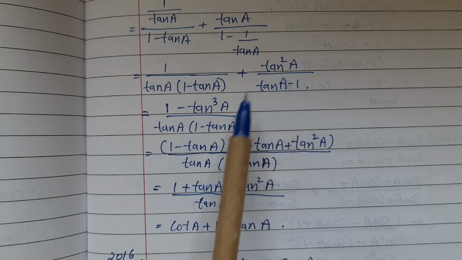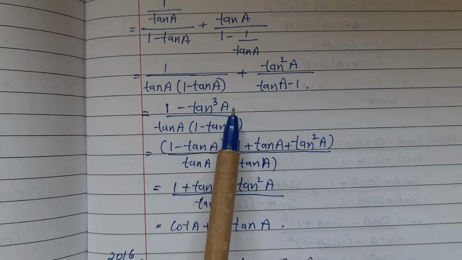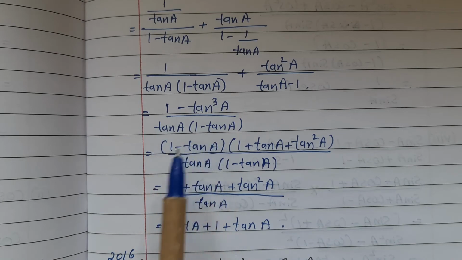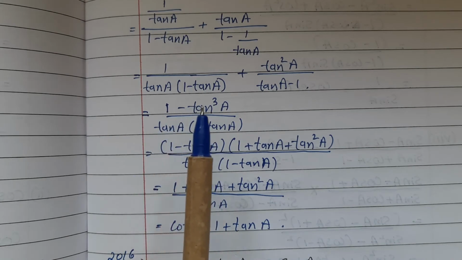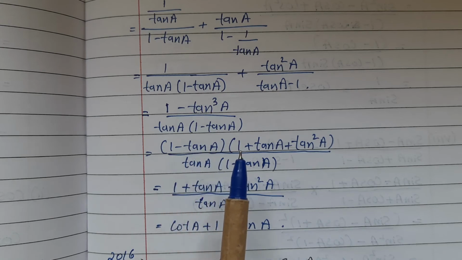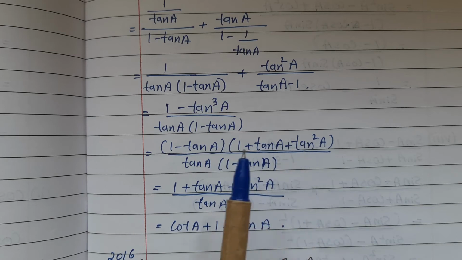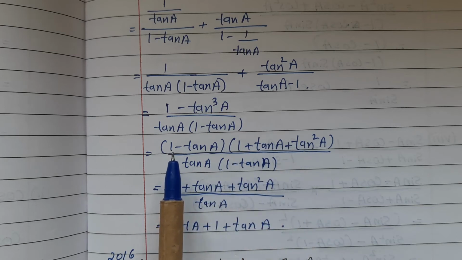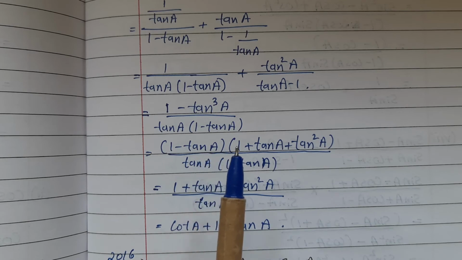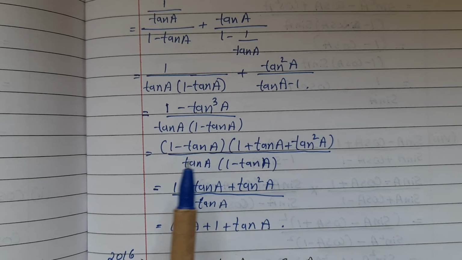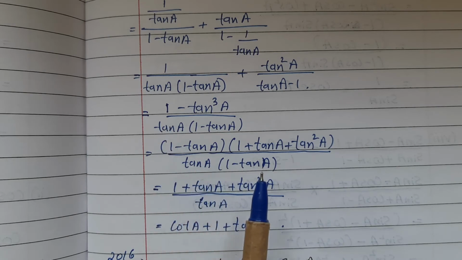So this will become tan cube a upon tan a into 1 minus tan a, equal to a cube minus b cube, which is a minus b into a square plus ab plus b square. Therefore this will become 1 minus tan a into 1 plus tan a plus tan square a, upon the denominator, which will be the same, tan a into 1 minus tan a.